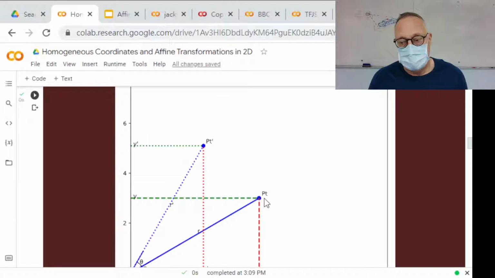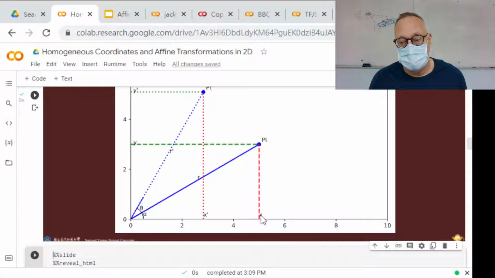So how do we work out what the corresponding coordinates are of a point that has the coordinates x and y, when I rotate the point around the origin by angle theta?